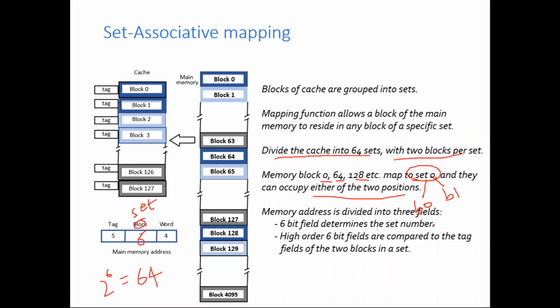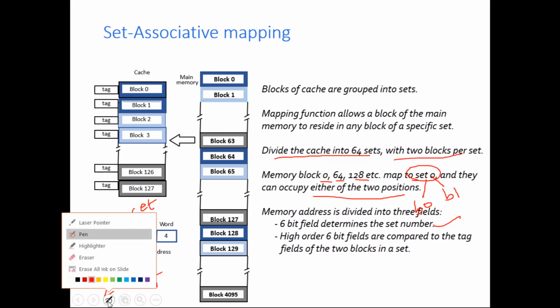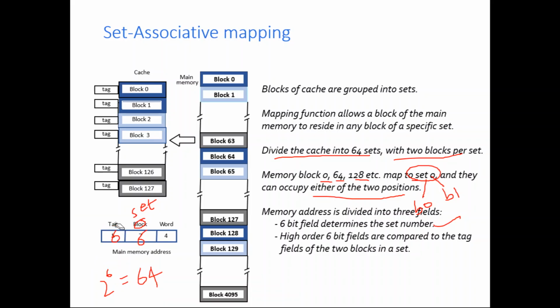The 6-bit field determines the set number, the middle 6 bits. Then there will be another 6-bit field, the higher order 6 bits. That will identify, within a given set, where every set has two blocks, which block it maps to. For example, if the set number maps to one particular set, this set contains two blocks.